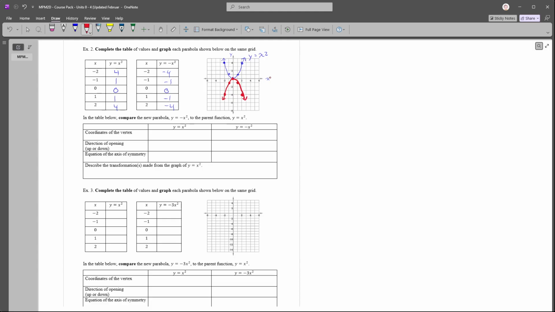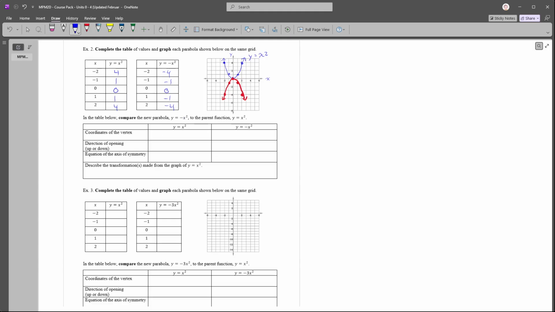It's almost like if the x-axis was a mirror, we can see that the red parabola is almost like a perfect reflection in the x-axis of the original parent equation. Oh, interesting. So let's take a look at this a little bit further.